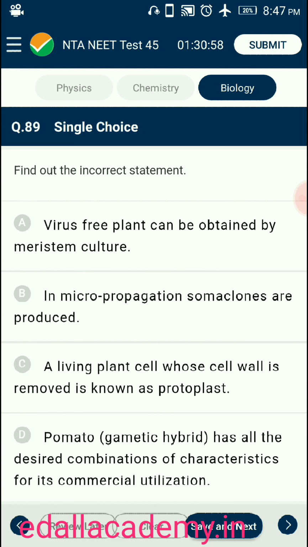Question number 89. Find out the incorrect statement from the given four statements. Protoplast fusion or somatic hybridization is a fusion of protoplasts of two plants belonging to different varieties, species, or even genera. The cells are first treated with enzymes pectinase and cellulase. These enzymes dissolve the cell wall and as a result naked protoplasts are produced.